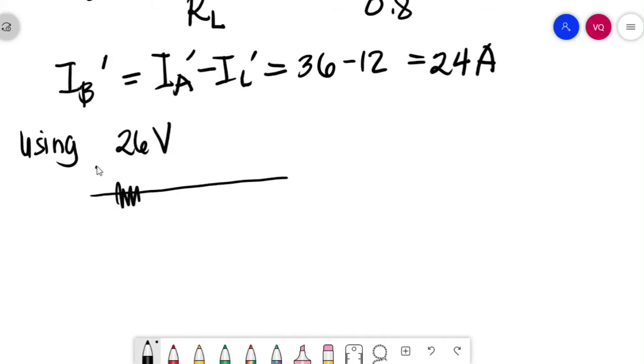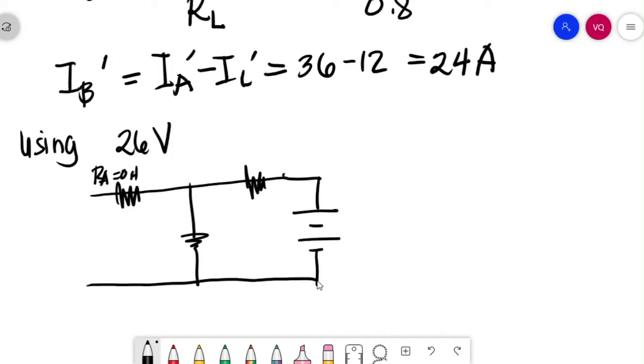So this is your RA, 0.4, 0.8, 0.4, and the EB equal to 26. So this is 0.4 and 0.8. So i-short na natin yung EA. Direction of current.